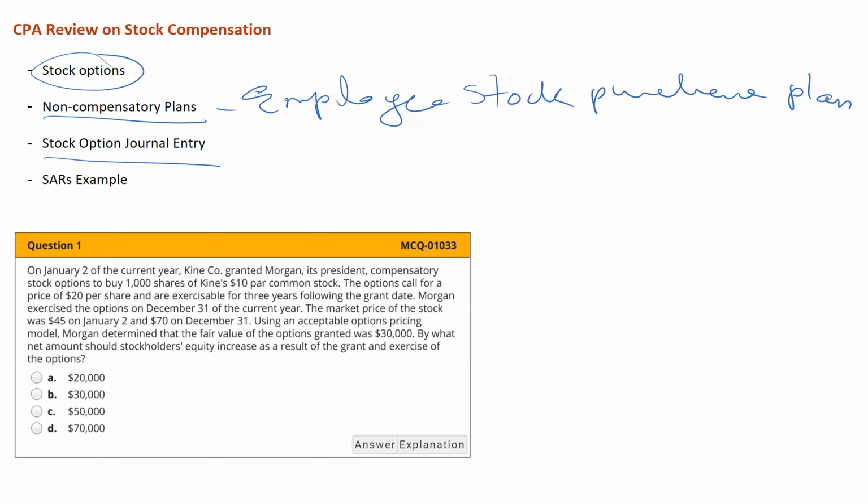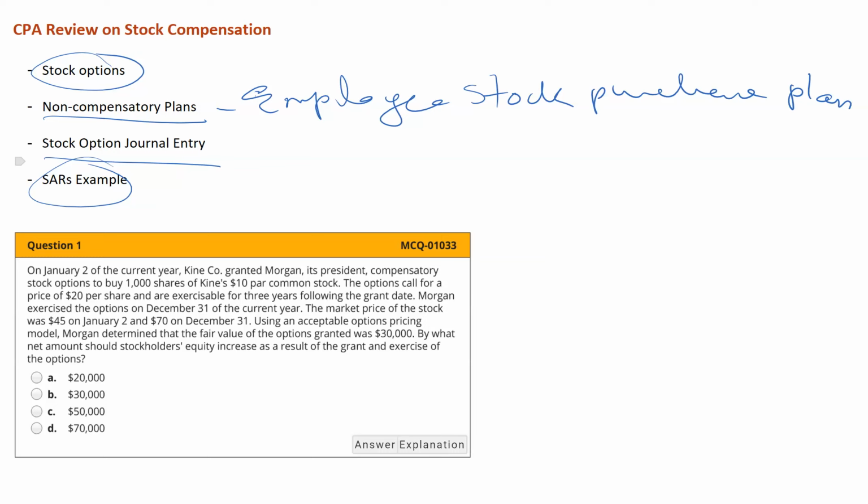Then they discussed one example, stock appreciation rights, or SARs, where the employees get a cash amount based on a certain stock price versus the stock price at the end of the year. Looking at the service years, you have to calculate the compensation expense, and at the end of every year we adjust the compensation expense, and as needed we decrease it.